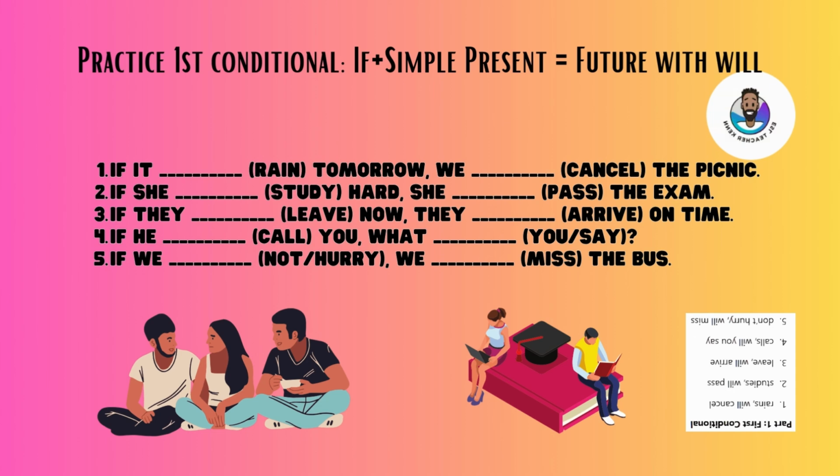If it rains tomorrow, we will cancel the picnic. Number 2. If she blank study hard, she blank pass the exam.